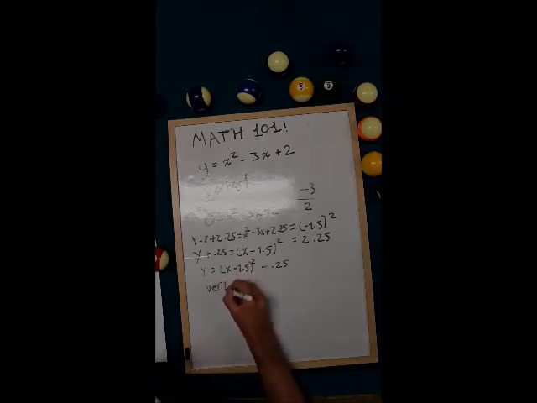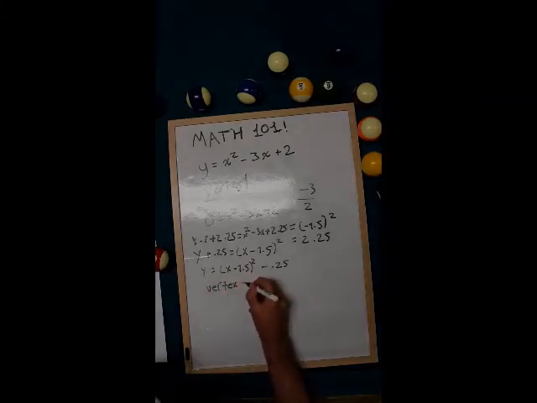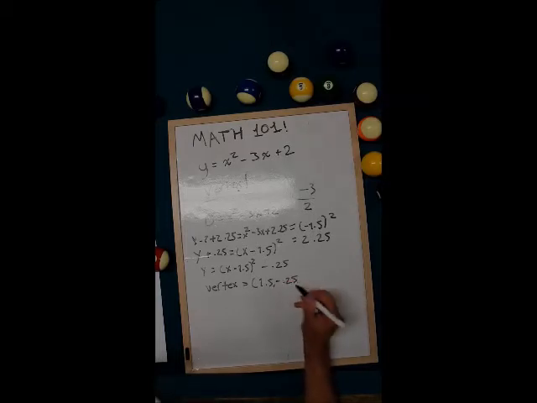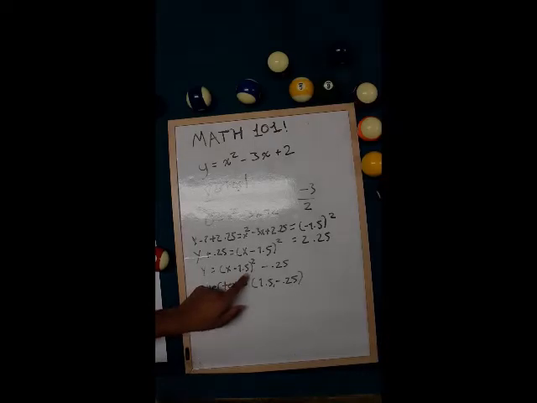And from here, we determine that the vertex is 1.5 and -0.25. And we do this by making 1.5 positive and -0.25, we leave it be.